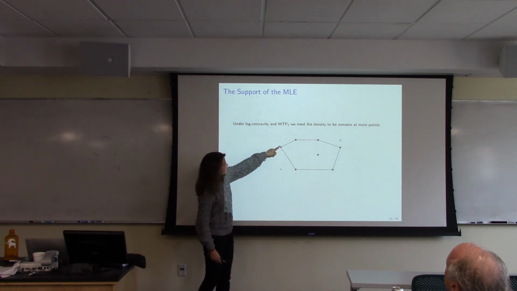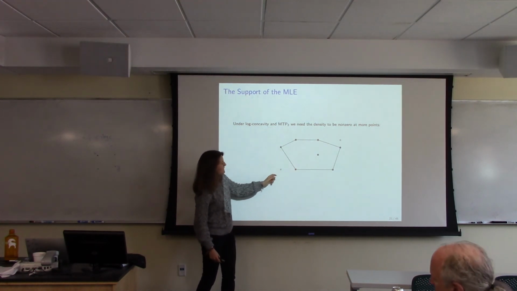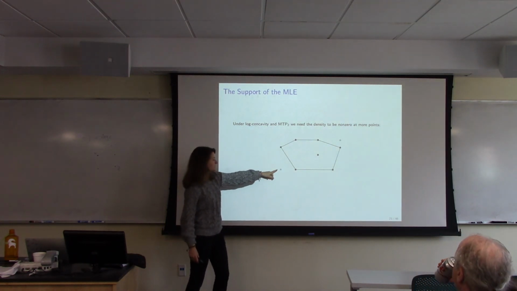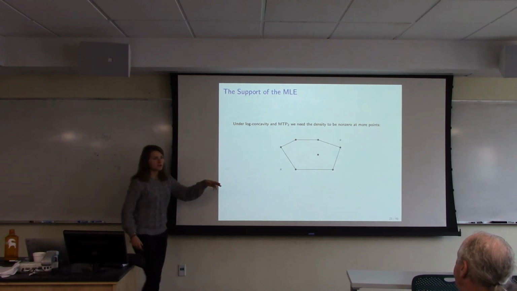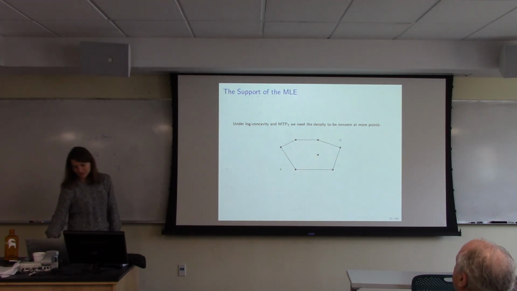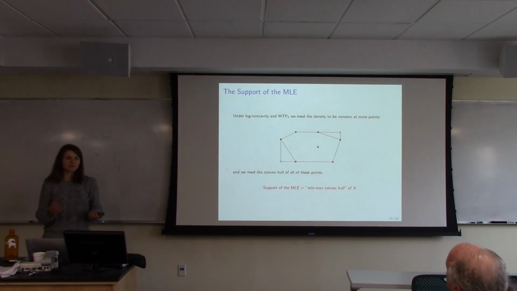If we chose this to be x and this to be y, then we want p of x times p of y to be less than or equal to p of the minimum times p of the maximum, and this can't be 0. So we have to add this point, and also the one on the upper right is the maximum of 2 points. So the support has to be something called the min-max convex hull. So it's min-max closed and convex.